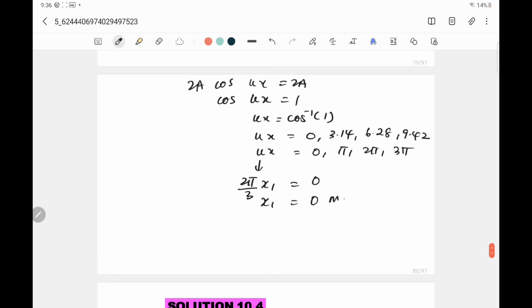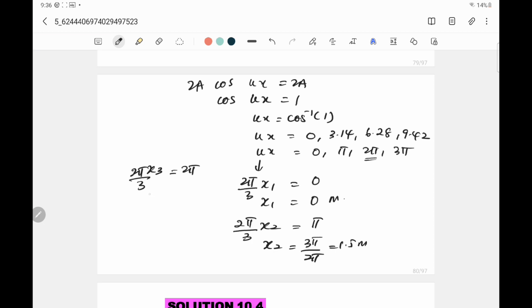So to find x2, you have pi. So x2 equal to 3 pi over 2 pi is 1.5 meters. To find x3, 2 pi x3 over 3 equal to 2 pi.